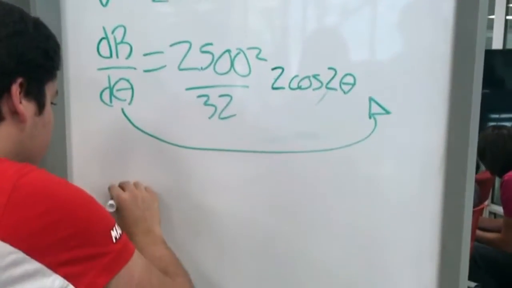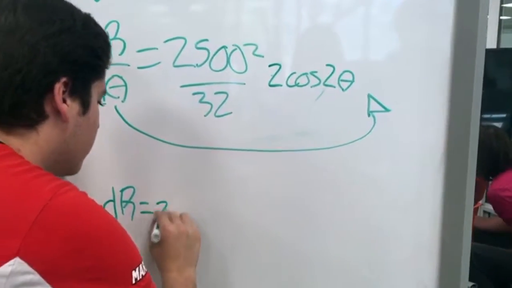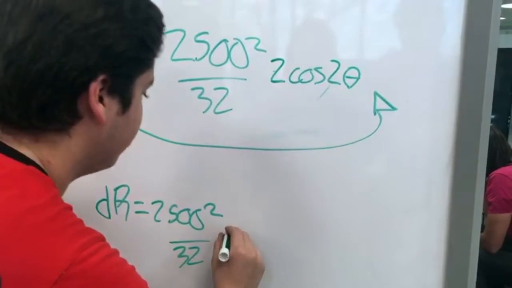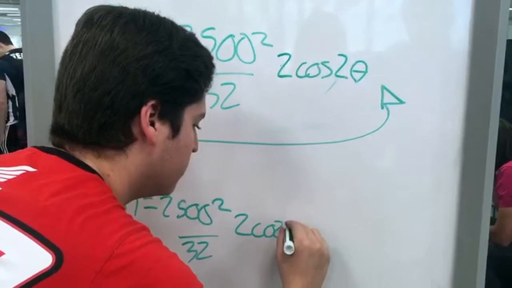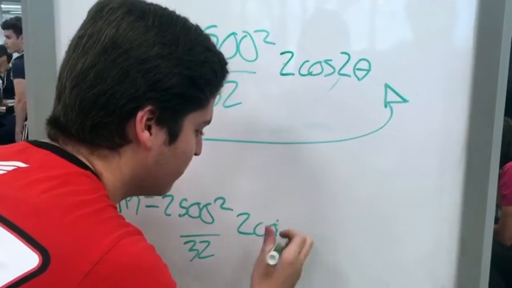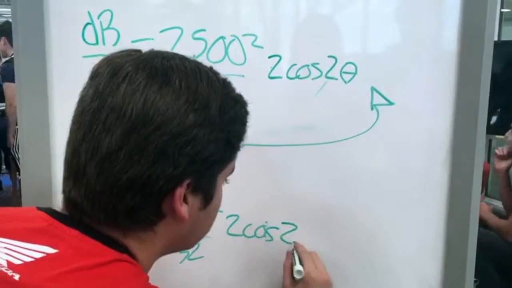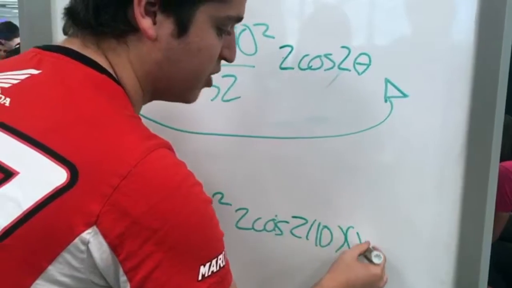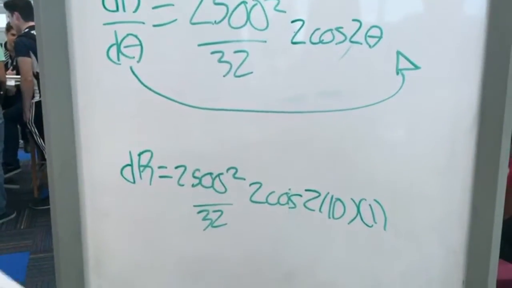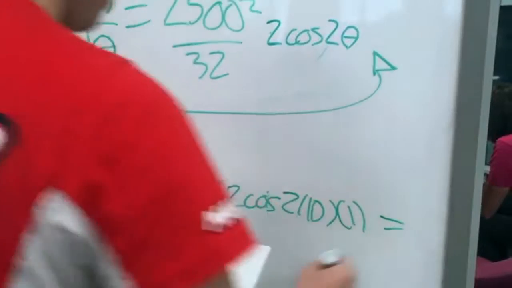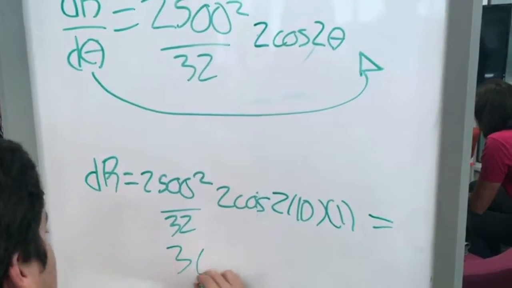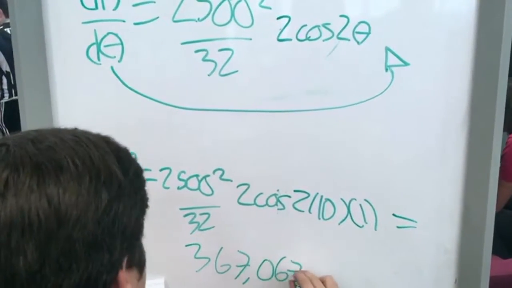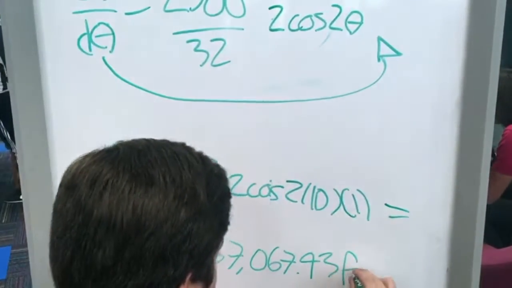So this will look like this: 2 cos of theta 1, which is 10, times the difference, which is 1. The answer of this would be the following, in feet.